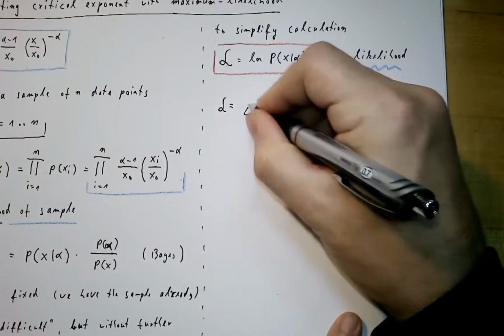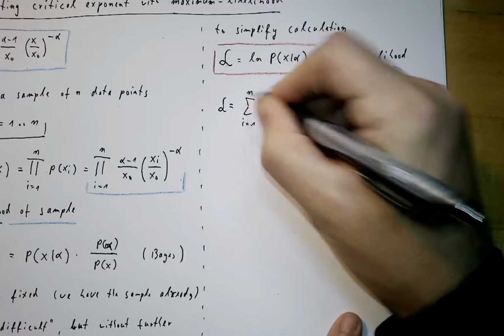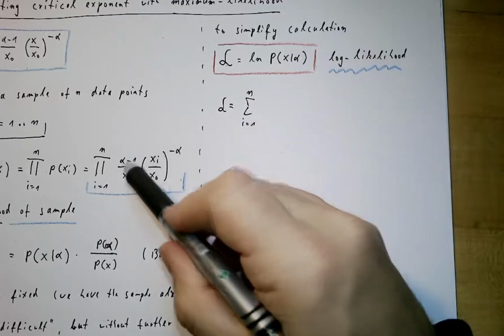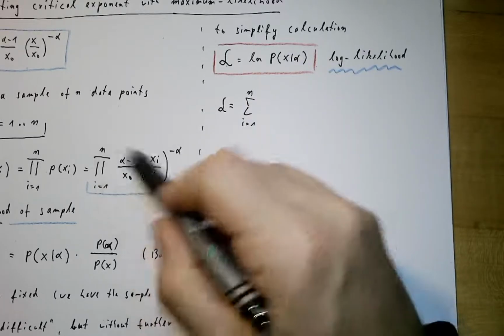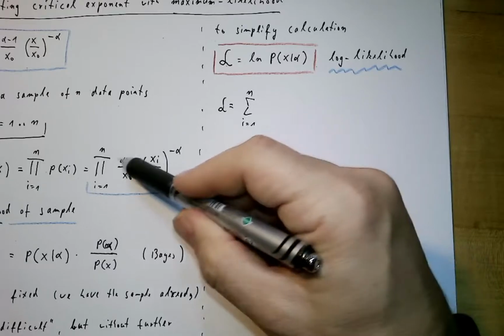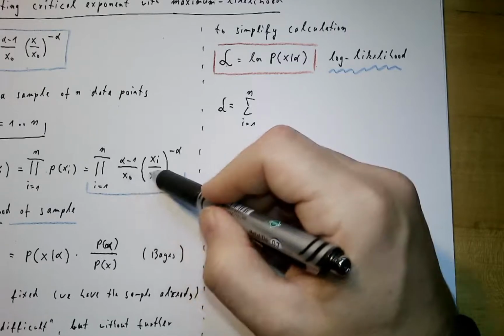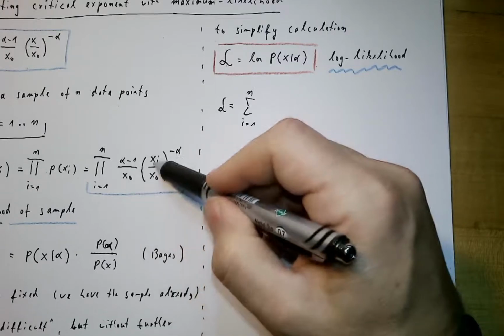So we have now a sum from i equals 1 to n of all the terms here, and every term is again a product. So we have the logarithm of this minus the logarithm of this plus the logarithm of this.